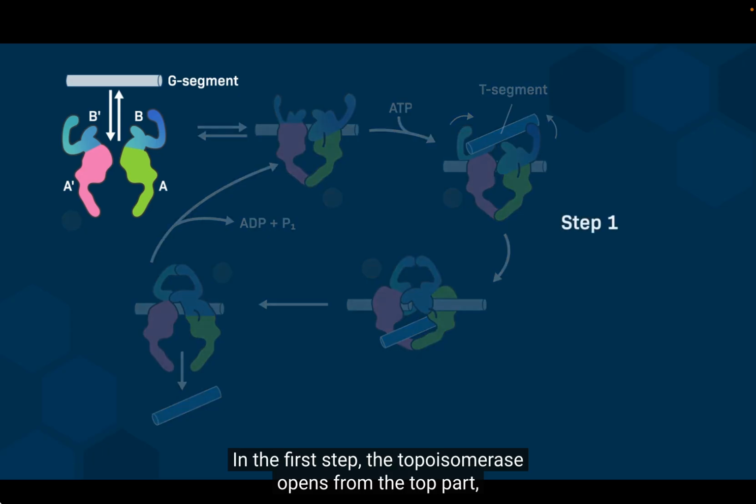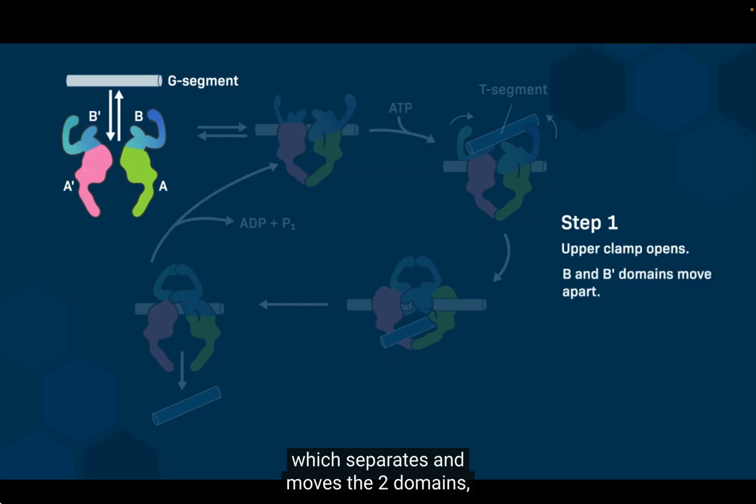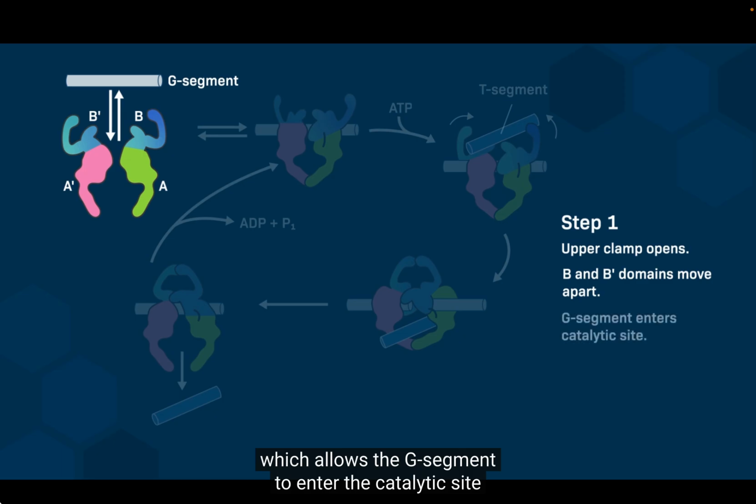In the first step, the topoisomerase opens from the top part, which separates and moves the two domains, B and B prime, apart from each other. The topoisomerase acts as a clamp with the top part open, which allows the G segment to enter the catalytic site that the B and B prime domains define.